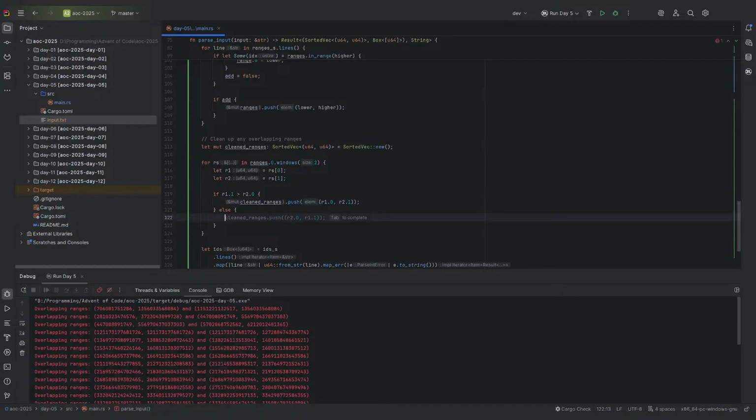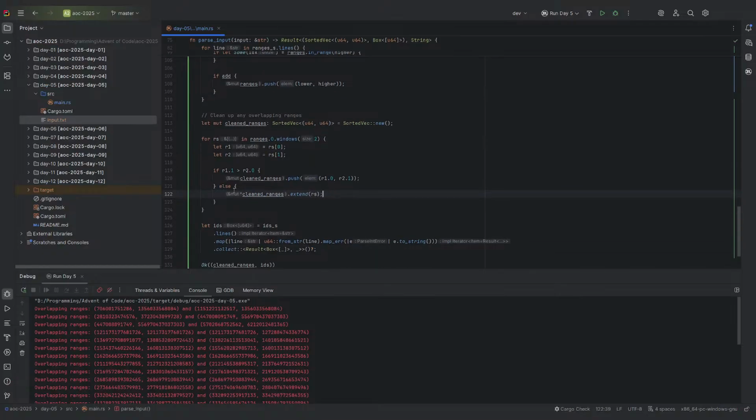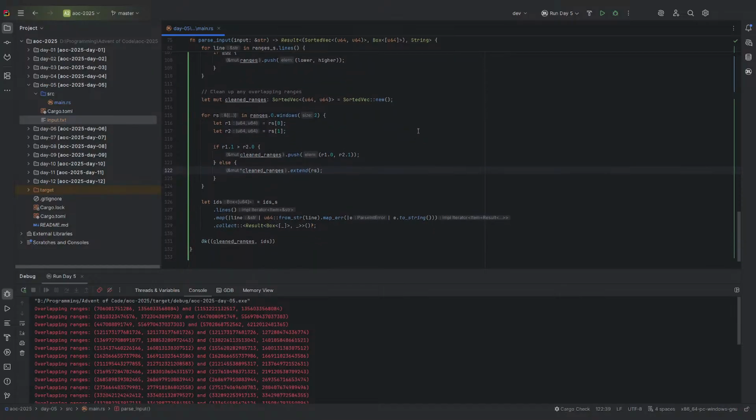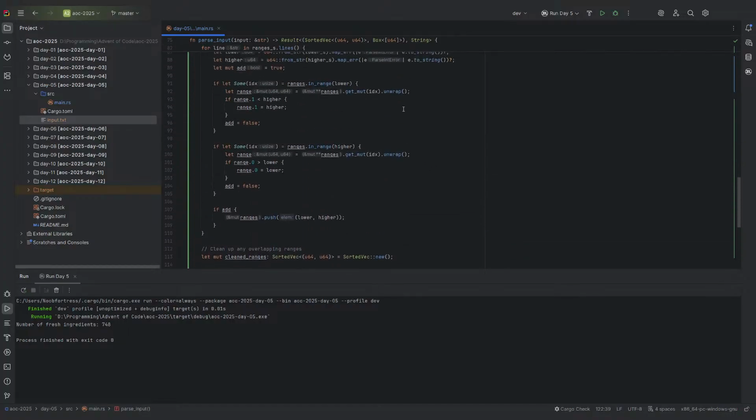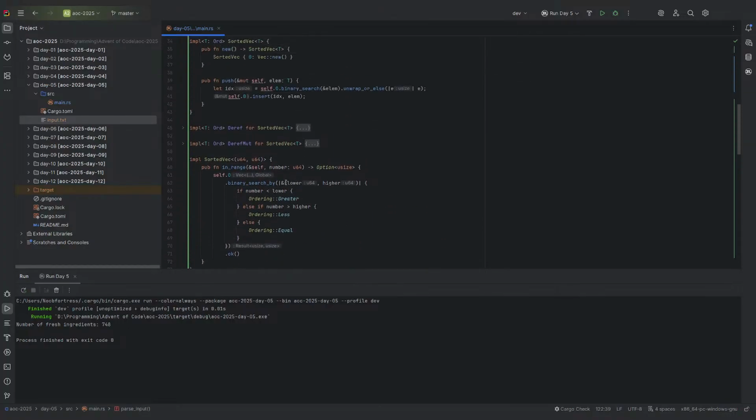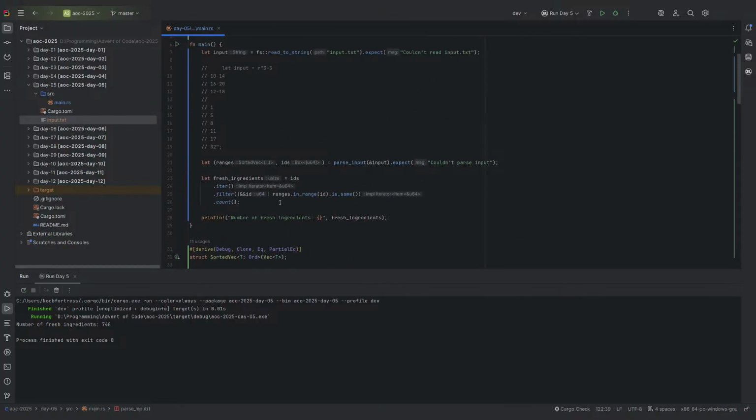That combines them. That should do it. Unfortunately, it gets the exact same number of... That is an issue.